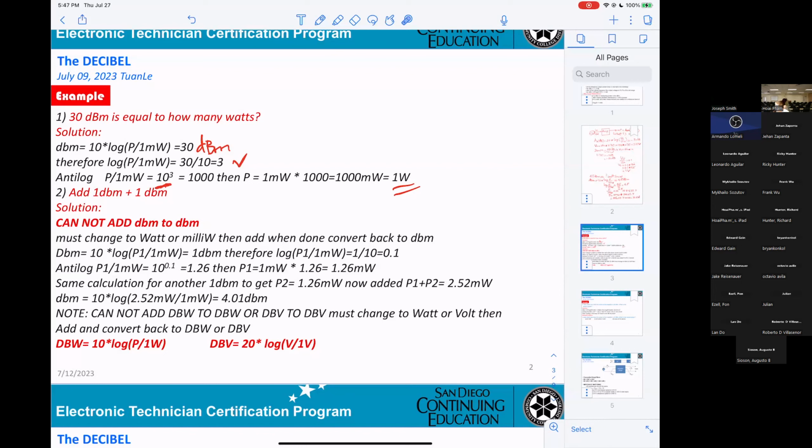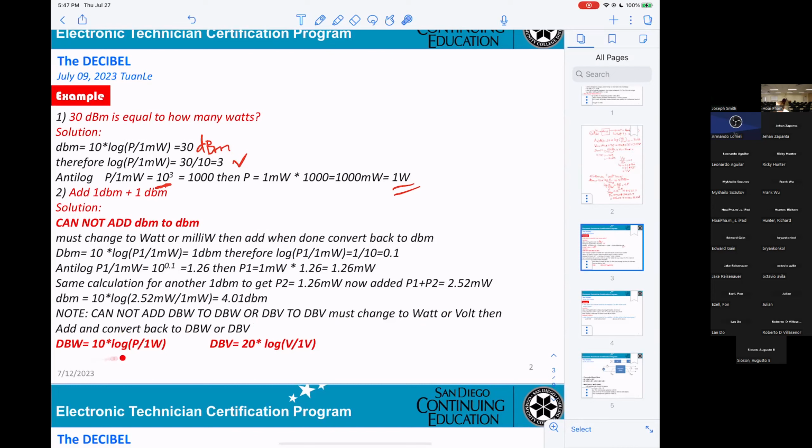And also, they said you cannot add dBW to dBW or dBV to dBV. You must change to watt or volt, add, and convert it back to dBW or dBV.